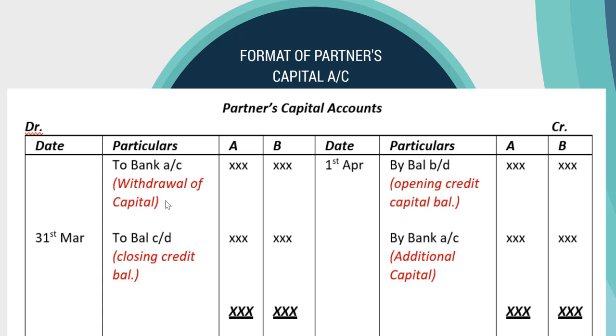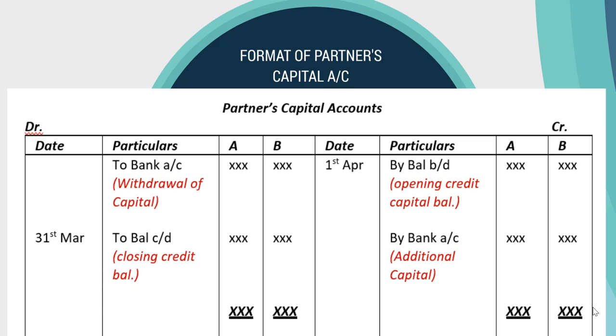The partner can withdraw only up to the maximum capital which the partner has. It cannot be greater than the total of the credit side. So either there is no balance, or since the debit side total is less than the credit side total, the balance carried down will come on the debit side of the partner's capital account. Therefore, the partner's capital account can have only a credit balance.